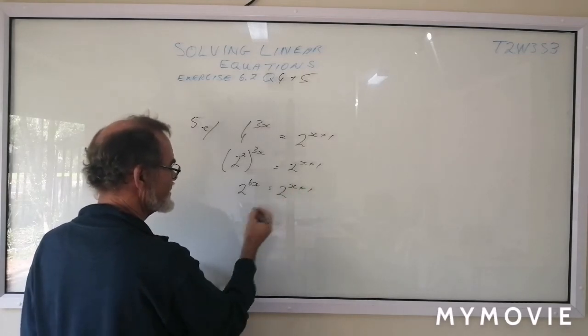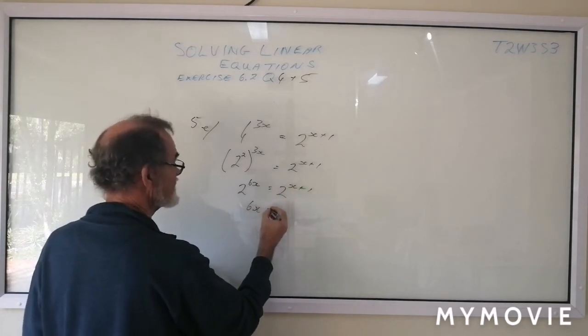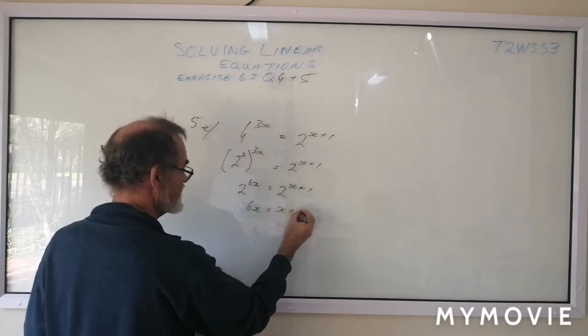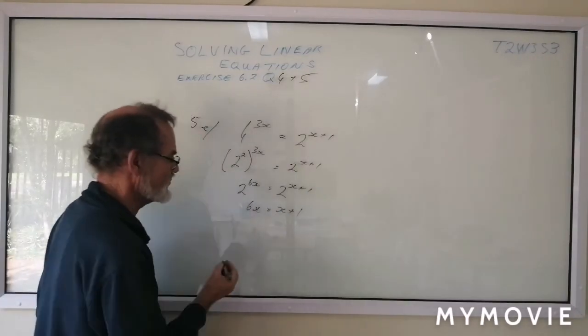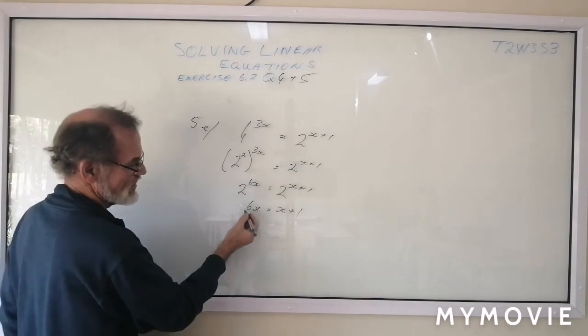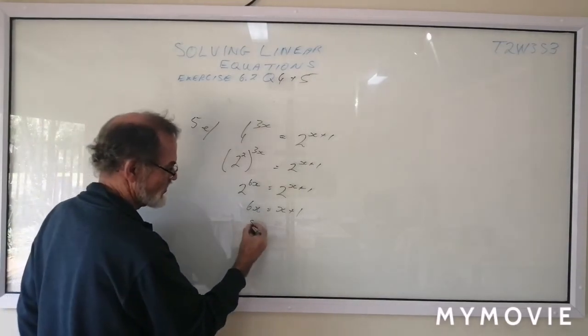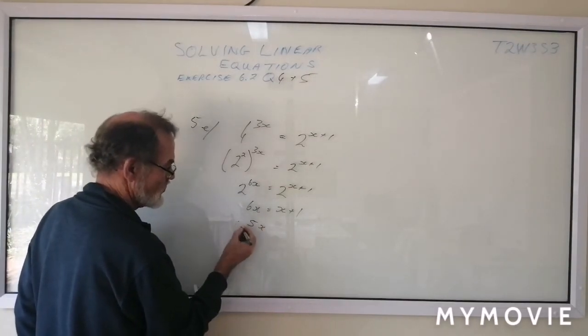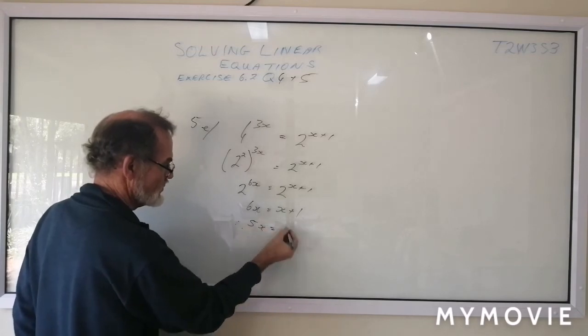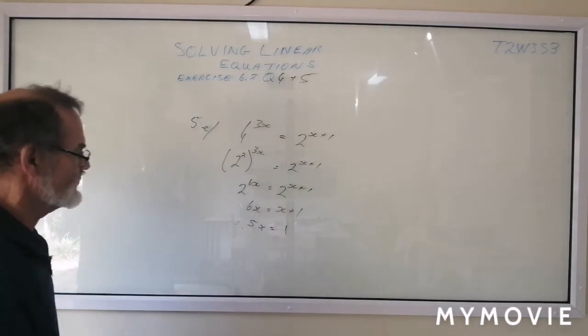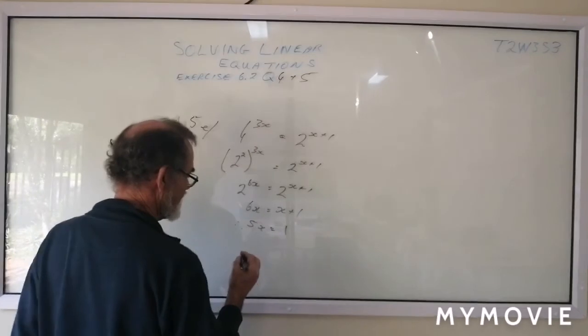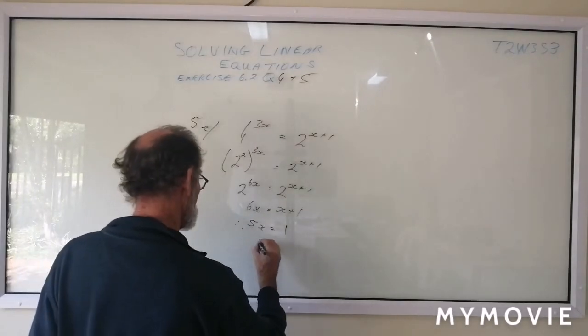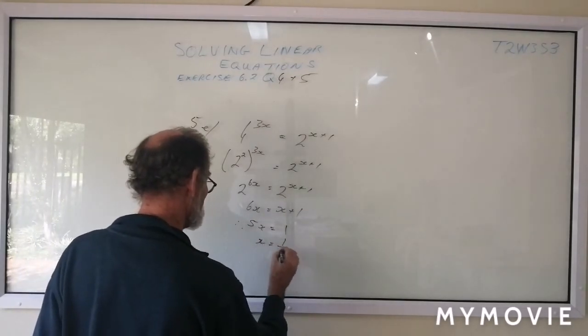And our bases are now the same, so we can say 6x is equal to x plus 1. Subtracting x from both sides, 6x minus x gives us 5x. Therefore, 5x is equal to 1, and we're going to divide both sides by 5, so x is equal to 1 over 5.